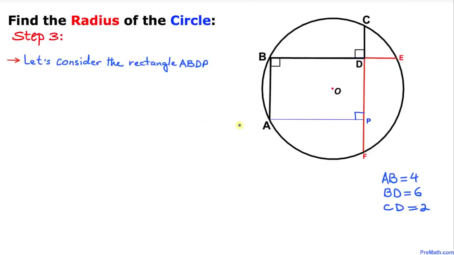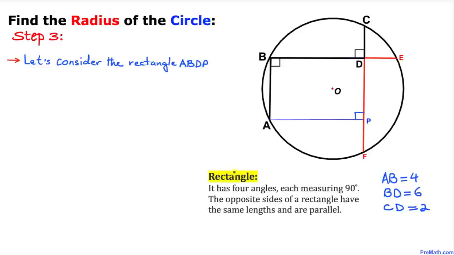And here is our next step. Let's consider this rectangle ABDP. And here's the definition of a rectangle. It has 4 angles, each measuring 90 degrees. The opposite sides of a rectangle have the same length and are parallel.